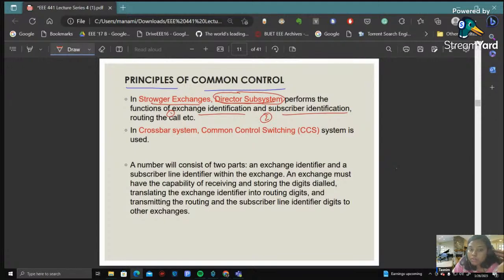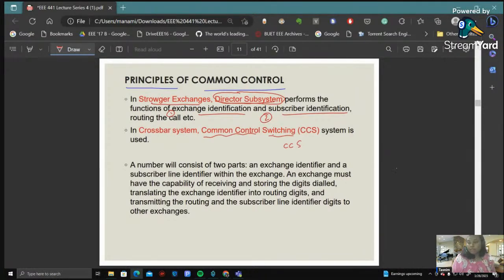But in crossbar systems, the same thing is performed with common control switching, the CCS system. A number will consist of two parts.